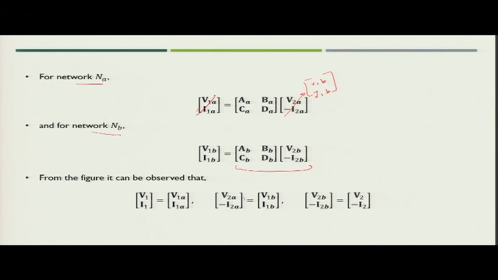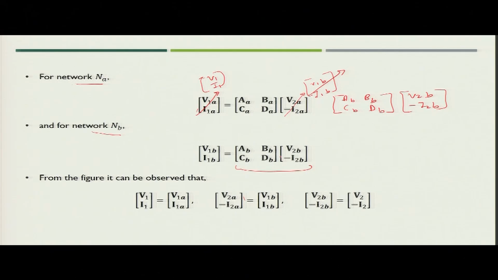So, what we can write, this can be replaced with the V1 I1 vector, and then the ABCD parameter matrix for network A multiplied by V1B I1B. Now, V1B I1B we know this. So, we will again replace V1B I1B with the ABCD parameters of network B multiplied by V2B and minus I2B.